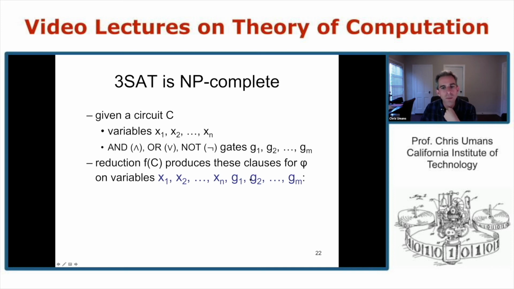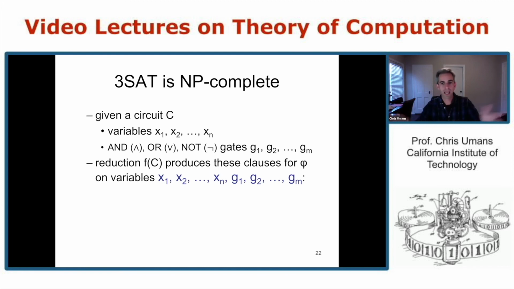Now remember, a clause is, as in the earlier slide, a parenthesized expression with the OR of three literals, variables or their negations. A useful perspective is that a 3-SAT instance, a 3CNF formula, is satisfiable if and only if all the clauses are simultaneously satisfiable, meaning there's some truth assignment to the variables that makes every one of the clauses true.